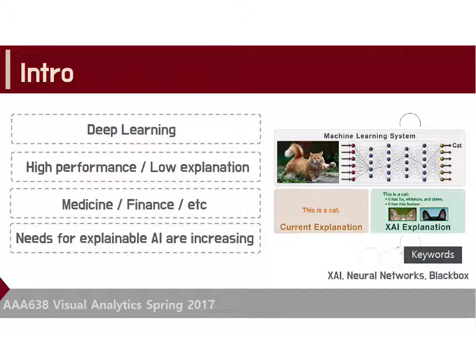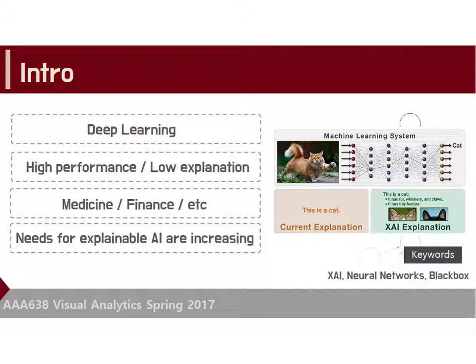For example, even though it has high performance, we cannot easily make decisions in a specific area like medicine, finance, or self-driving cars, because one decision could lead to a critical result in these areas. Therefore, nowadays, the need for explainable AI is increasing.